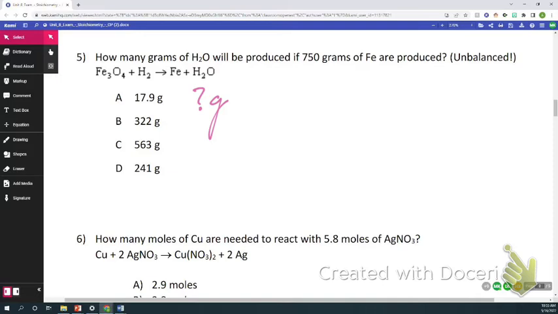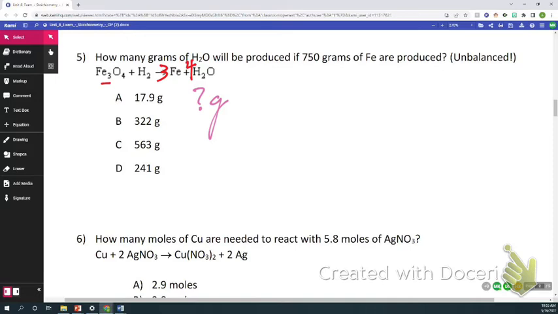So you've got to balance it. Maybe a 3 here, because there's a 3. This is an arrow, right? And since there's 4 oxygens here, I'm going to put a 4 here.